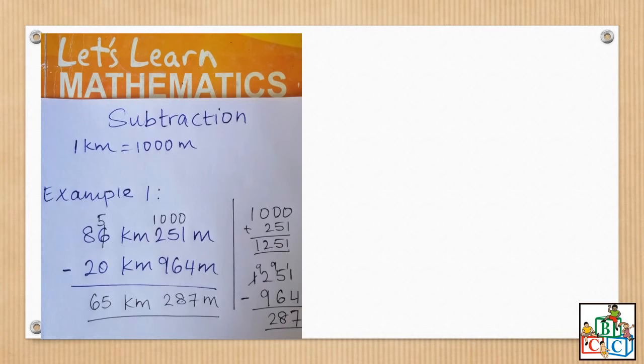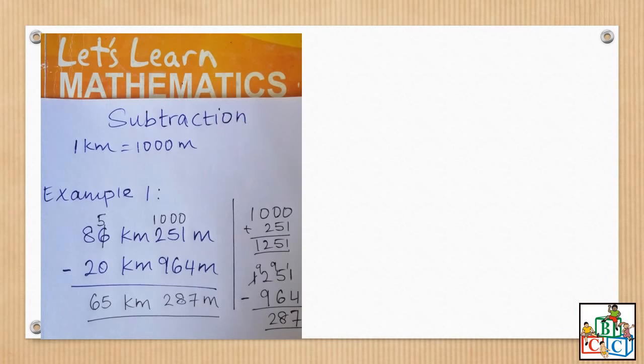What I have done in the margin, take a look. I have added 1000 plus 251. I have added these two. Then the answer is 1251. I have subtracted 964. So remember this when you are doing borrowing.